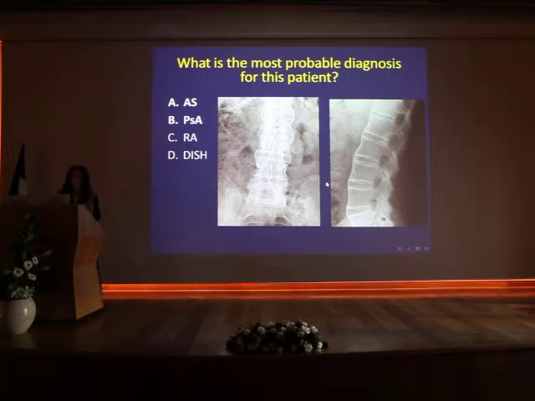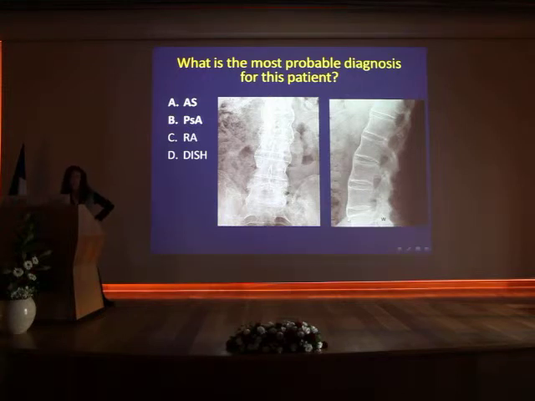And what's more of a mnemonic for psoriatic arthritis is the more horizontal osteophytes seen on the AP view, though you can see that they have syndesmophytes just like that. So it could be both.